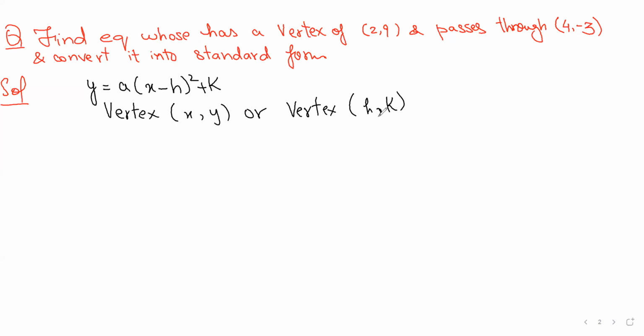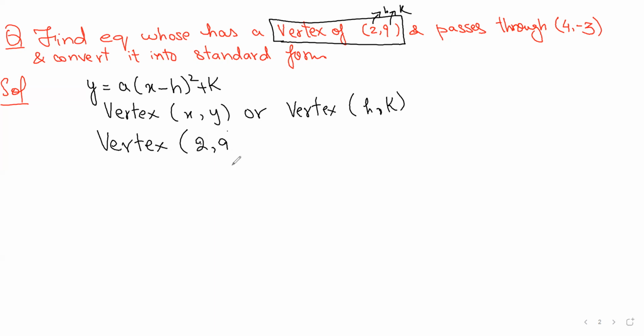So I'm going to write down the values of h and k. The value of h is... sorry, not negative, it's going to be positive 2. It's given in the question that my vertex is (2, 9). That means this one is h and this one is k. So 2 and 9 is my vertex.